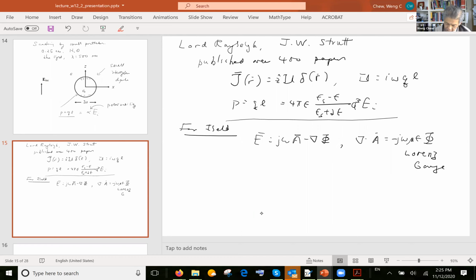And if I plug this in here, I will get the fact that this is j omega A. Sorry, this should be a minus sign here. j omega A minus 1 over j omega mu epsilon, gradient of the divergence of A.